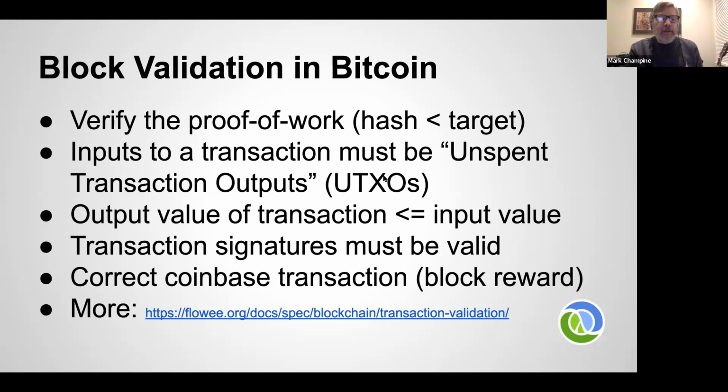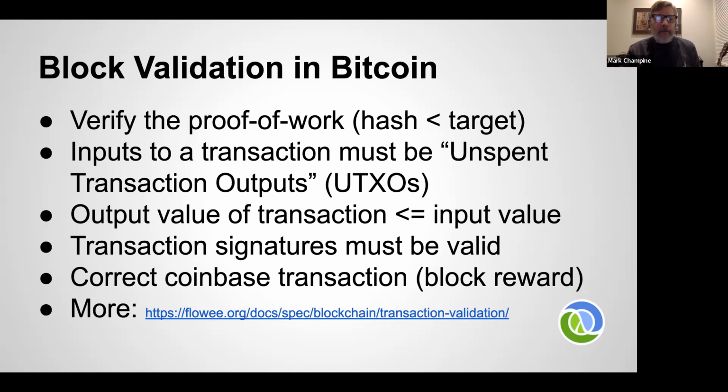There's something called UTXOs, unspent transaction outputs. And so you have to assure that the output of all the transactions is less than the input. So no money gets sort of invented out of thin air. You validate signatures on the transactions. And this Coinbase transaction is how miners are paid.